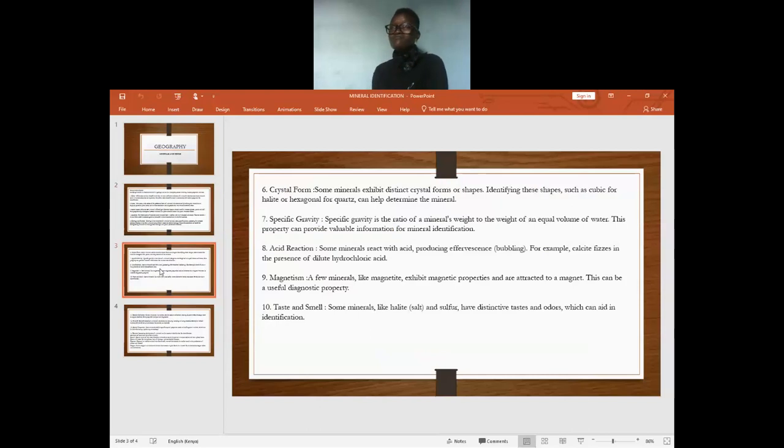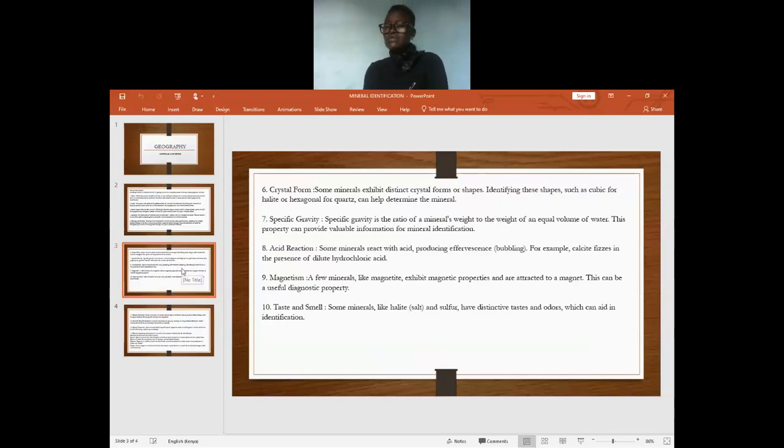So a mineral can be cubic, hexagonal, triangular, or rectangular. Through looking at the crystal form, you can determine it. We see diamond in a triangular shape, halite in a cubic shape, and quartz in a hexagonal shape.